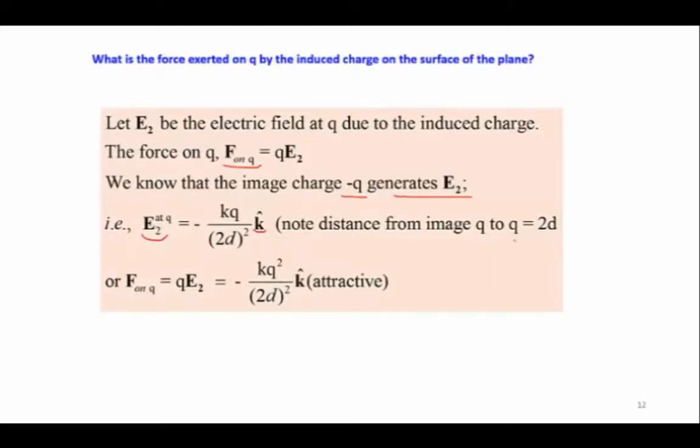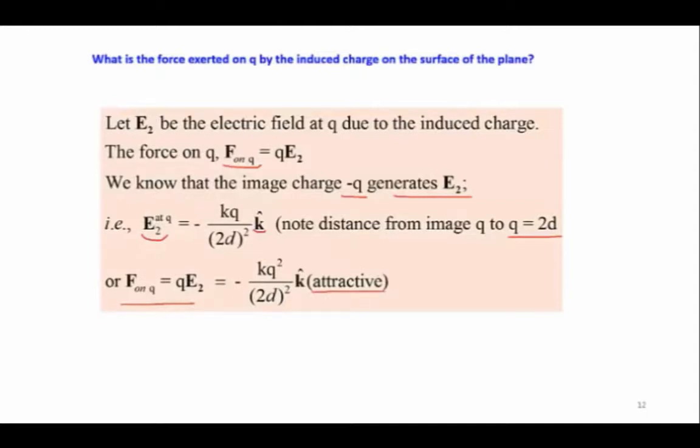The distance is 2d between the two charges, and that's why there's a 2d here. The net result is the force on q is equal to this quantity here, and because of the minus sign, the q is pulled towards the plane, so it's an attractive force.